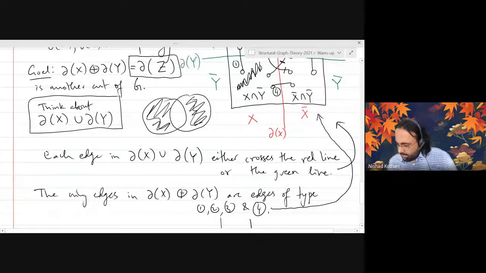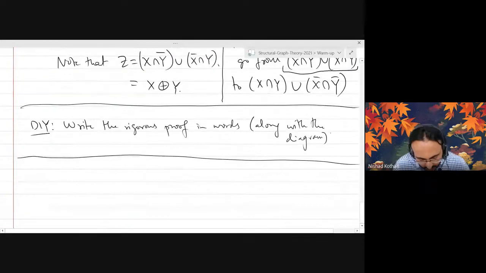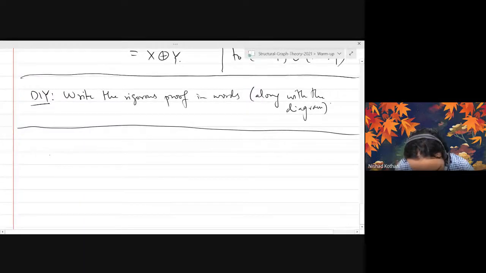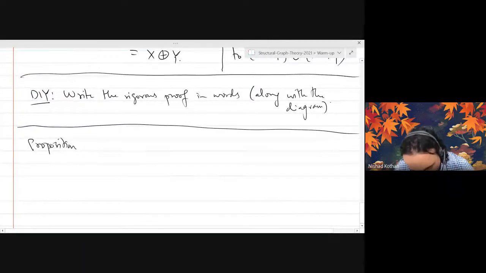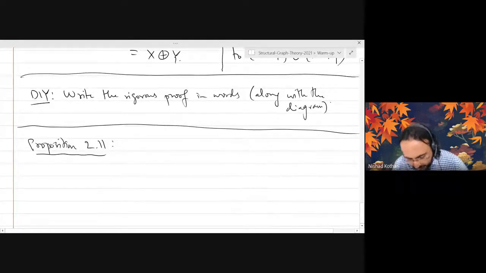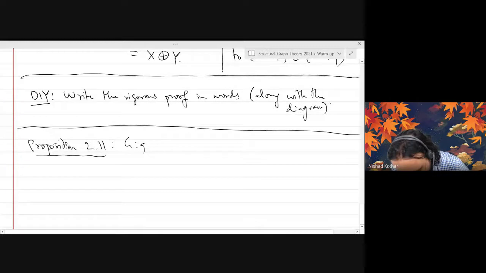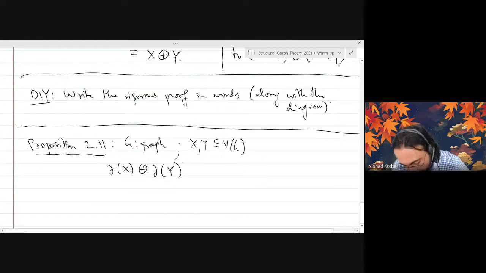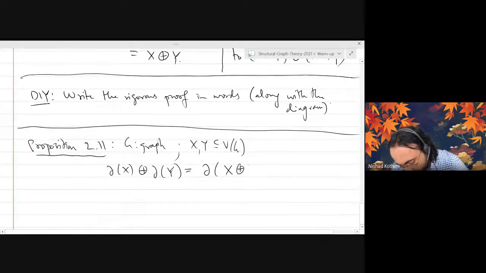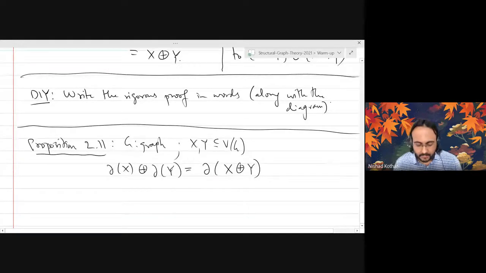All right. So that brings us to proposition 2.11, which is that for any graph G, X and Y vertex sets, the symmetric difference of these 2 cuts happens to be exactly the cut corresponding to the symmetric difference of these 2 sets, right?